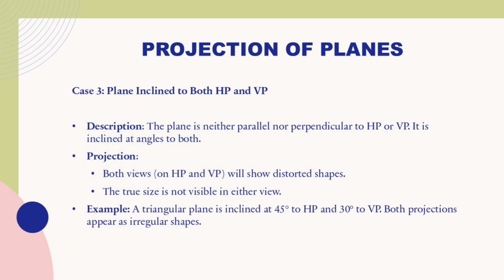When a plane is inclined to both the horizontal plane and the vertical plane, it presents a unique challenge. Neither projection will show the plane's true shape or size. For example, if we have a triangular plane inclined at 45 degrees to the HP and 30 degrees to the VP, its projections on both planes will appear as distorted shapes.